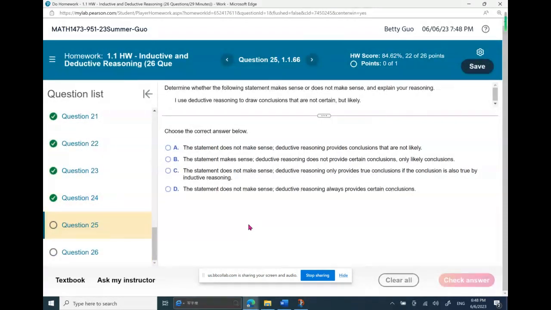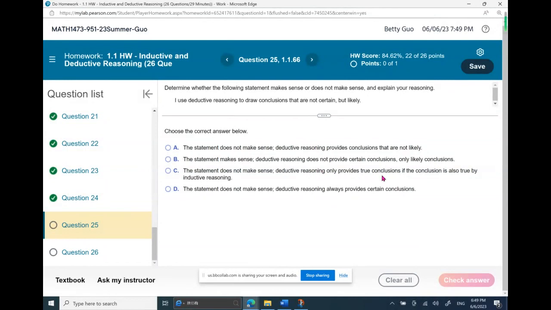Choose the correct answer. The statement is, I use deductive reasoning to draw conclusions that are not certain but likely. The statement does not make sense. Deductive reasoning provides conclusions.